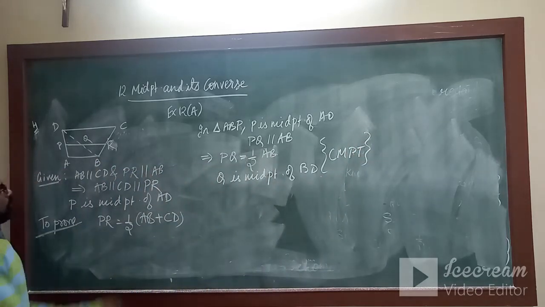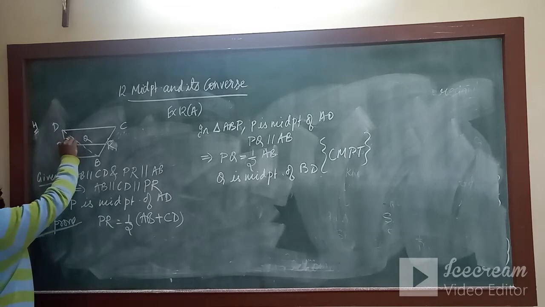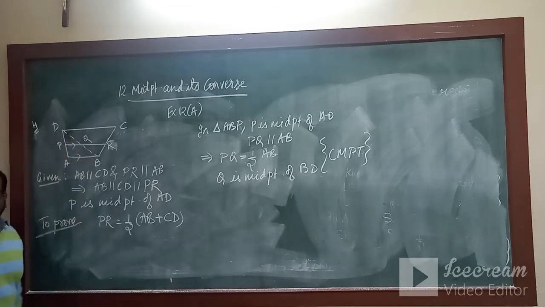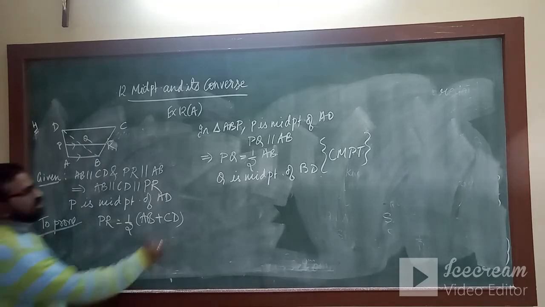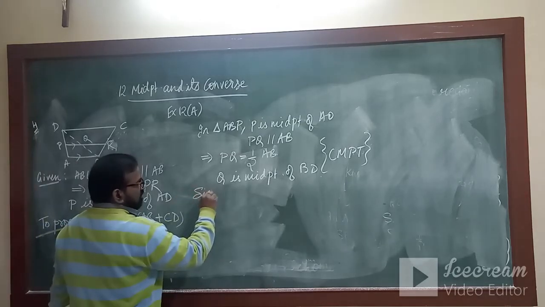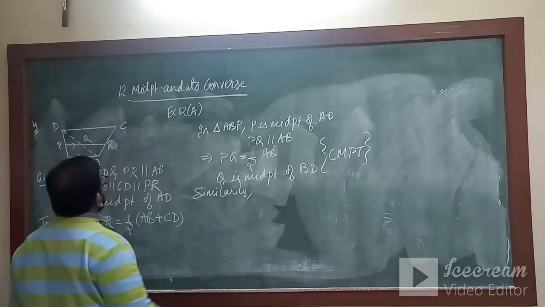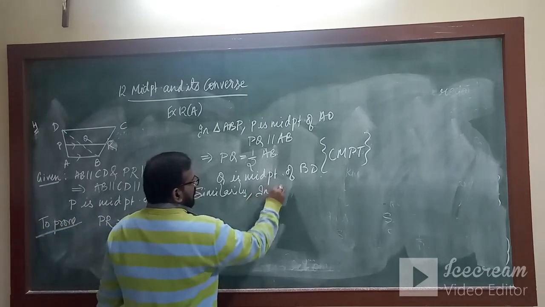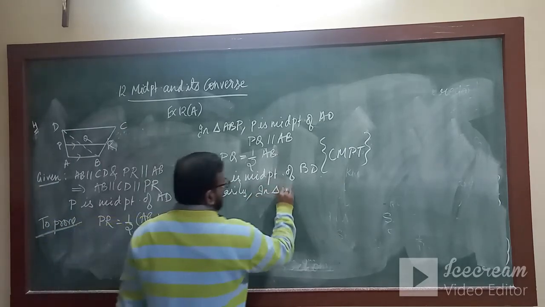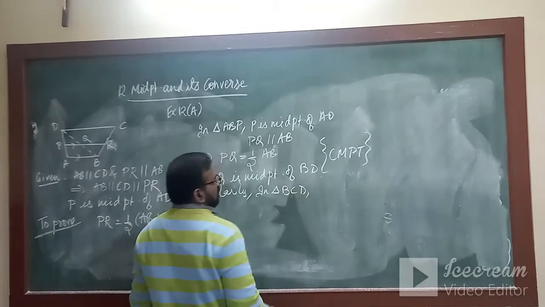Okay, so we got one midpoint and one line parallel to another line, that means the other point is automatically the midpoint of the third side. So Q becomes the midpoint of BD. Similarly, now we will take triangle BCD.